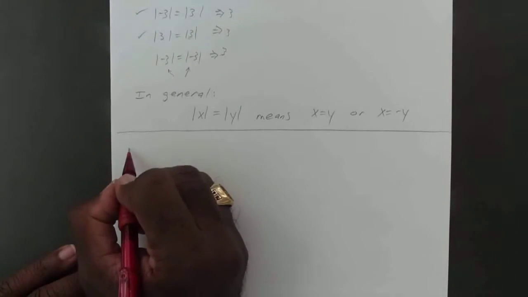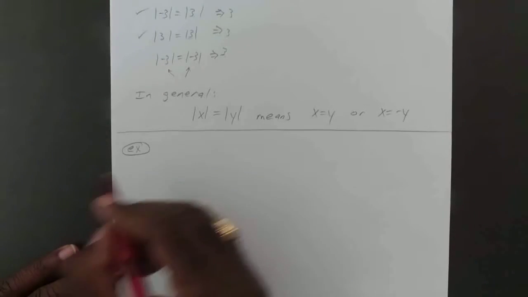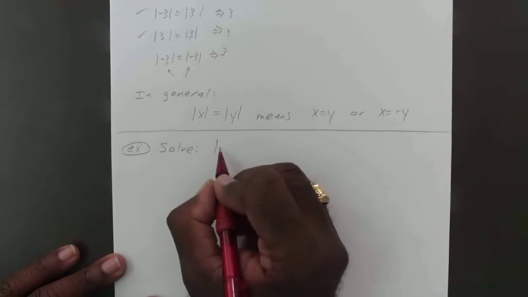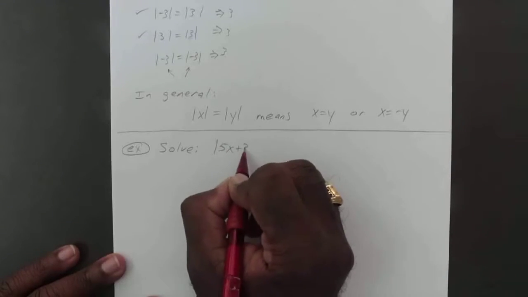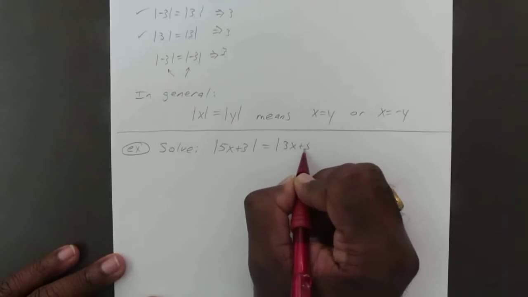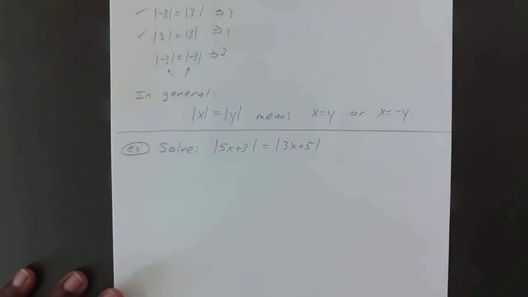So let's say, for example, you wanted to solve the absolute value of 5x plus 3 equals the absolute value of 3x plus 5. So here's a little bit different because now you have an absolute value on both sides. That's why it's just slightly different, but the idea is pretty much the same.